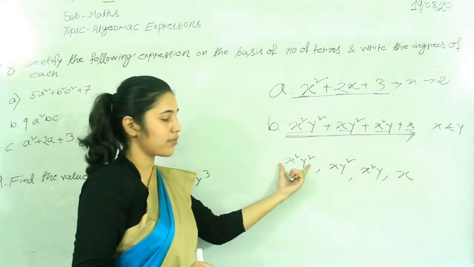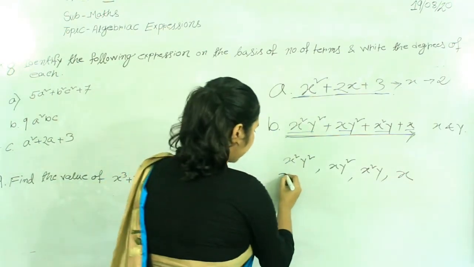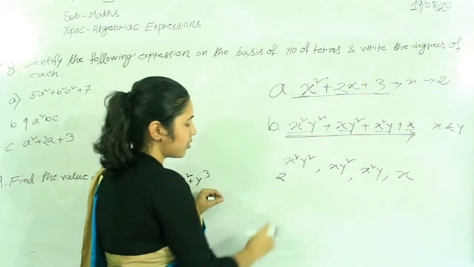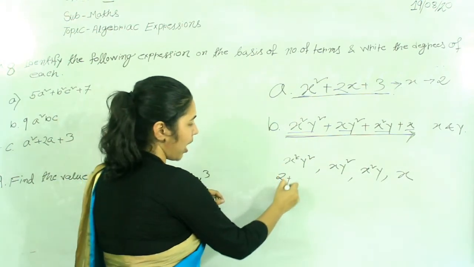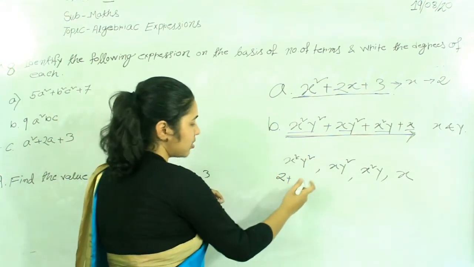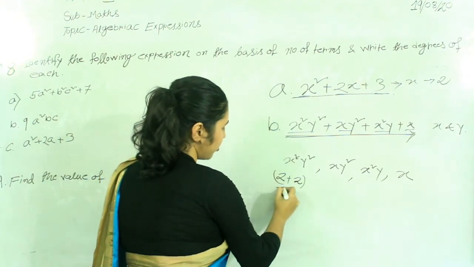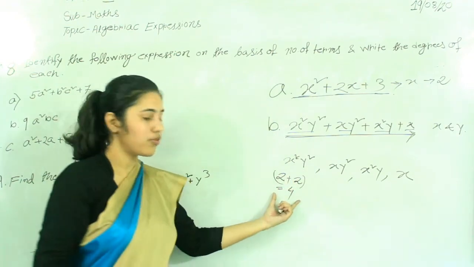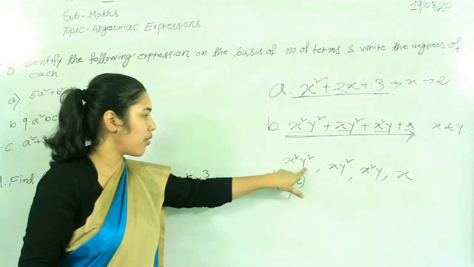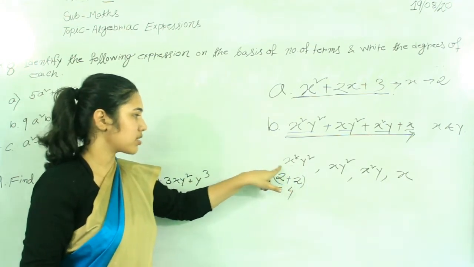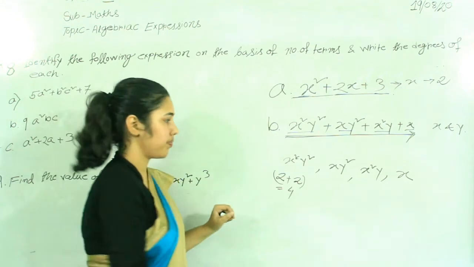Now the power of the first term is the power of the first variable plus the power of the second variable, which is 2 plus 2, 4, which means the power of the first term is 4.